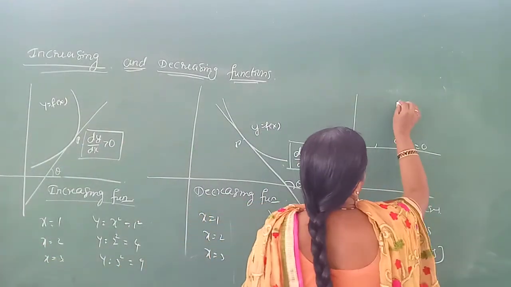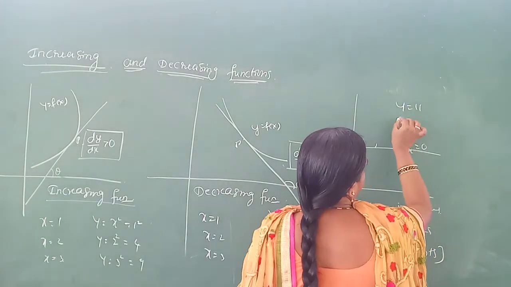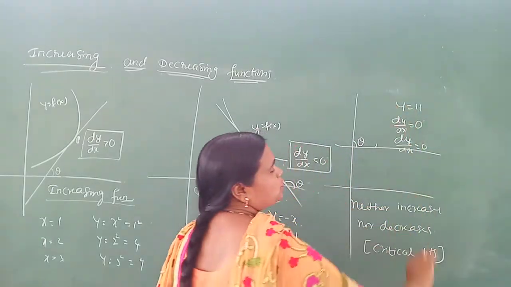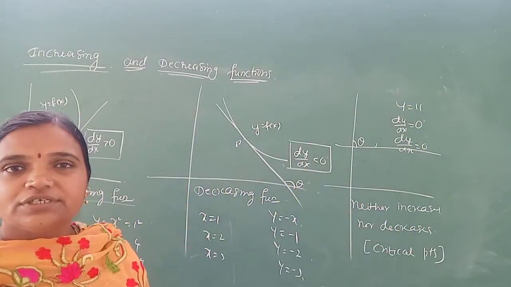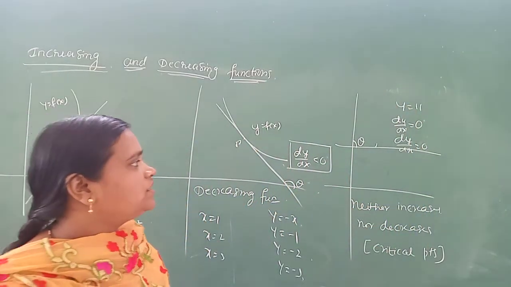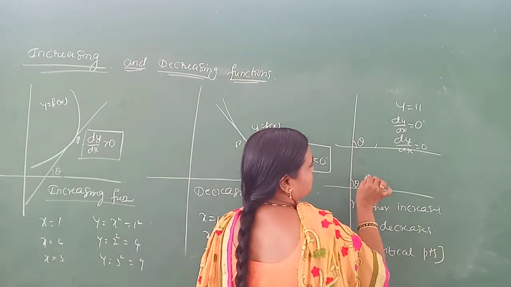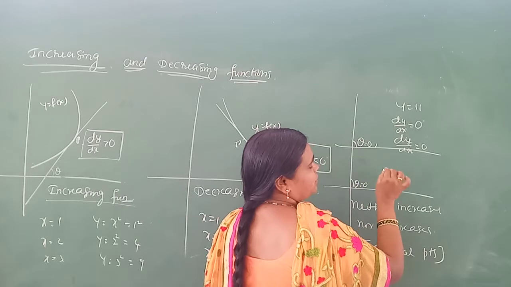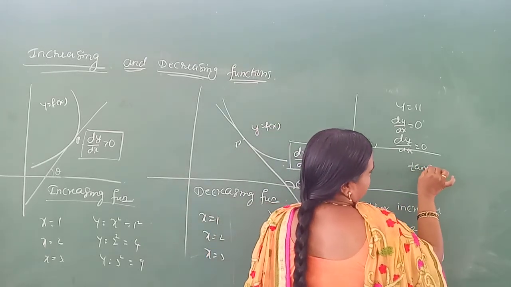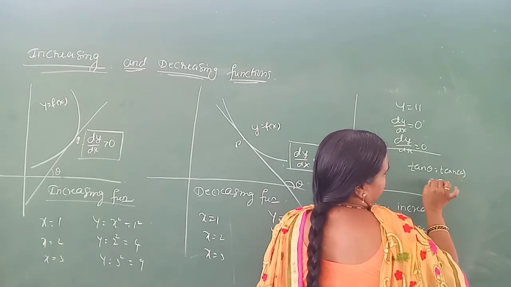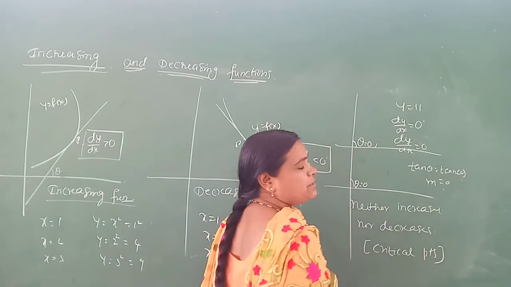And we know that if I take y equal to 11, a constant, the differentiation dy by dx is 0 only. Or by the geometrical concept, if theta is 0, tan theta is tan 0, which is 0 only. Means slope is 0, means dy by dx is 0.